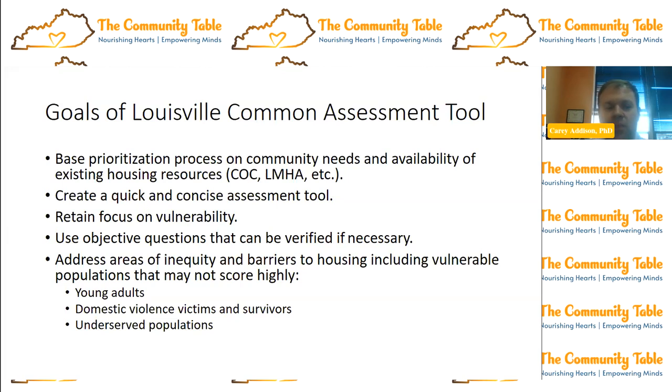So again, thinking about young adults, people of color, LGBTQ, also thinking a lot about domestic violence victims and survivors, because we've seen a high influx of them. It felt like the pandemic really brought that issue to the forefront. Luckily, we've been able to garner more resources for that population, but we've just identified a huge need there that Common Assessment at least wasn't looking at closely enough beforehand.